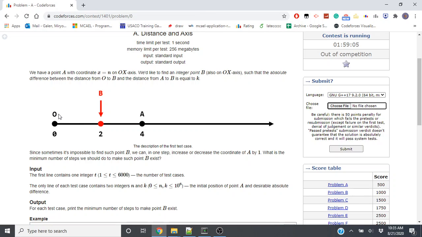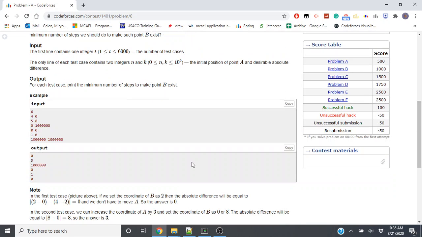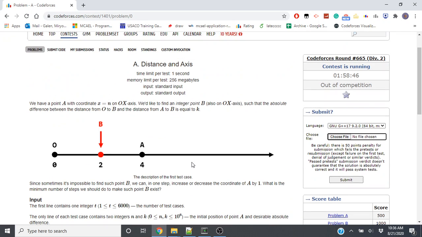First of all, it has to be the same parity as the distance between A and O, and then after that, we can achieve any number that's the same parity. The maximum distance we can achieve is 4, because either we have a point between them or we have a point on the end. And if it's on the end, then no matter what, it's going to be 4 away.